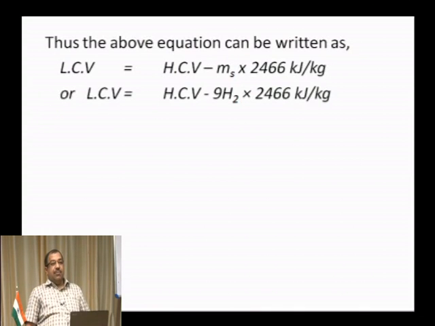Thus the equation can be written like this: LCV, which stands for lower calorific value, is equal to higher calorific value minus ms into L. The value of L is 2466 kilojoules per kg, and ms is nothing but 9 H2, where H2 is the mass of the hydrogen. So, this is the appropriate equation we are using to find out lower calorific value.